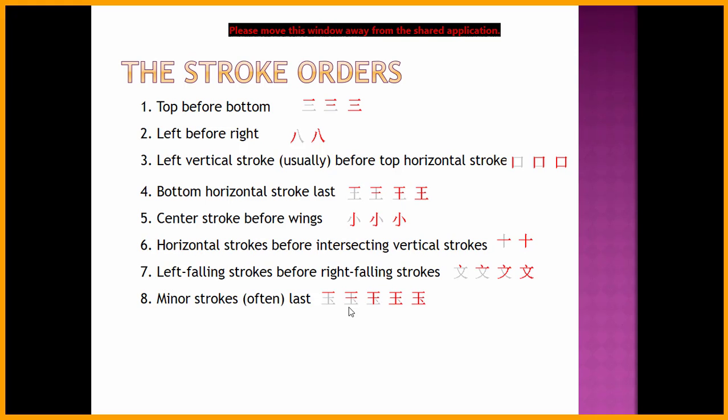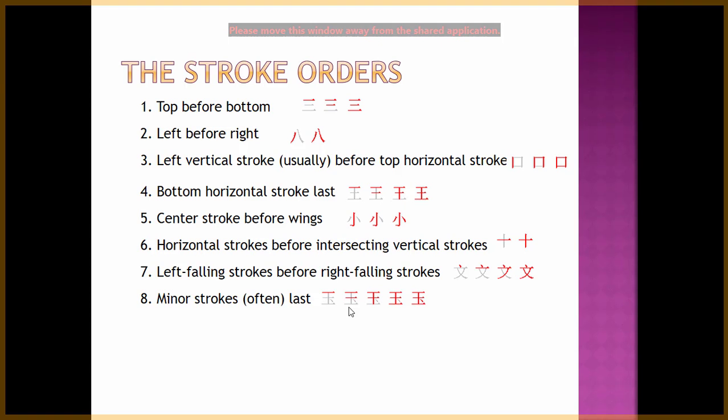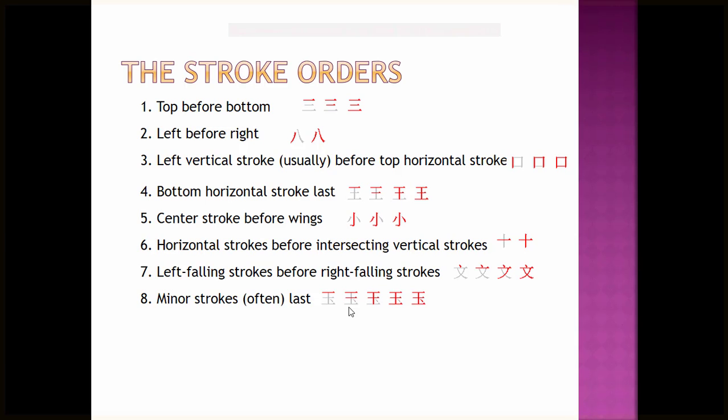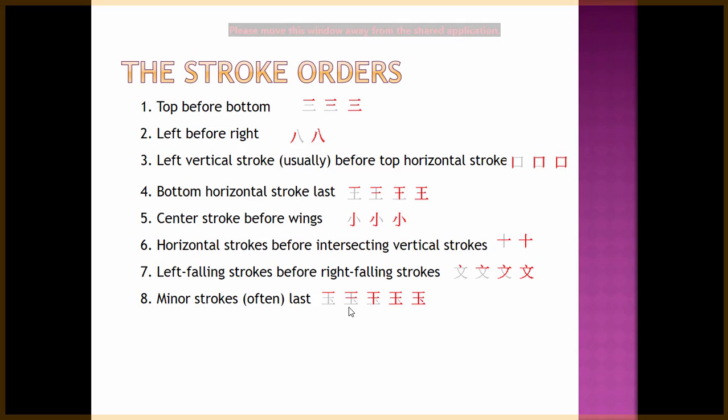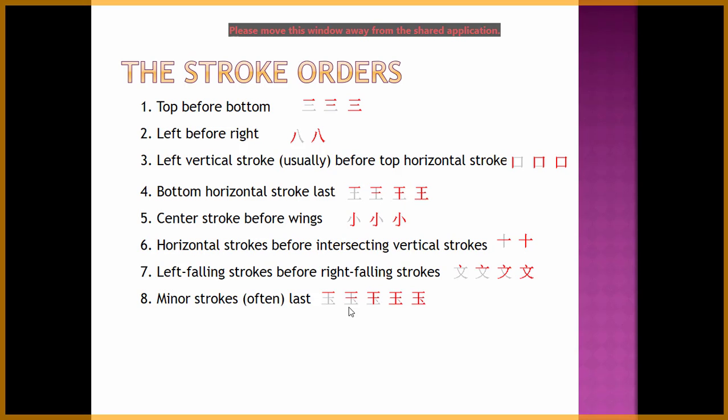In point number 1, top before bottom, you cannot make a stroke from the bottom, you have to write it from the top, because this is a rule, like traffic rules. You have to follow the traffic rules, red light, green light, yellow light.